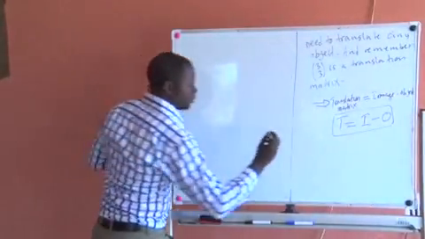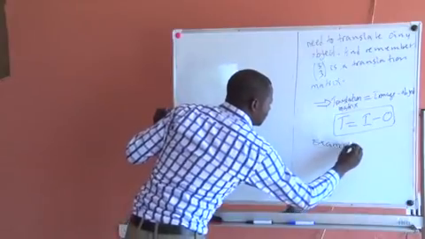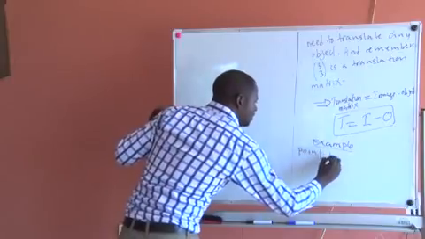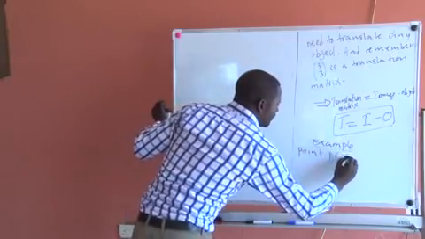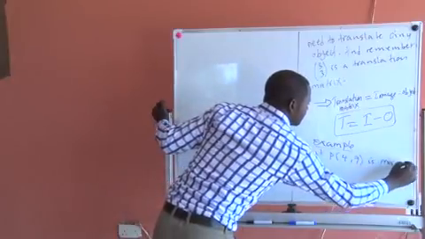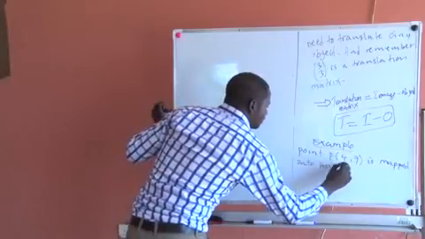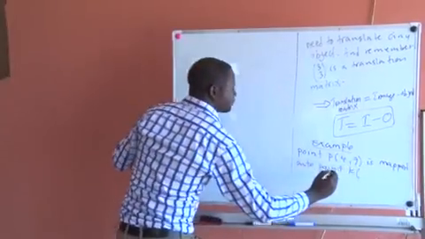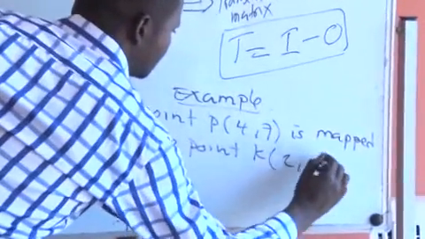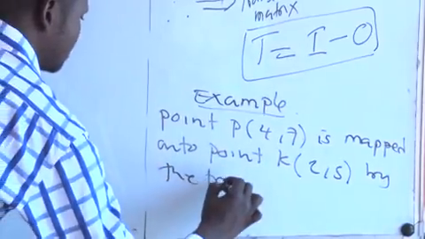So we can say, example: point P (4, 7) is mapped onto point K (2, 5) by the translation.